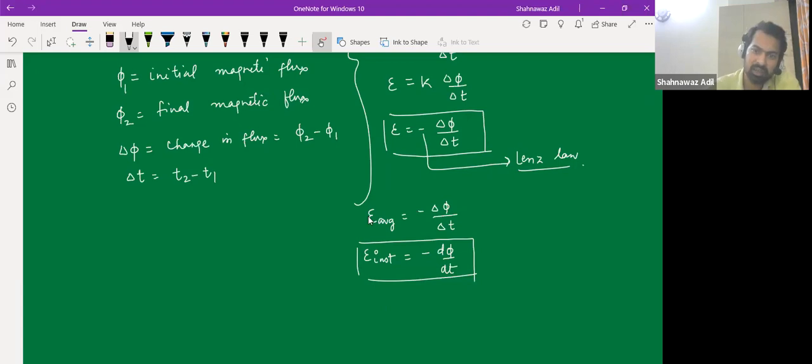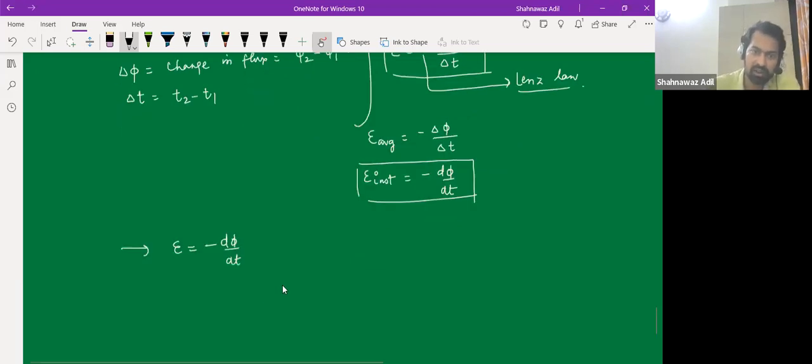And this is our EMF, so E is minus d phi by dt. We know that current is V by R, so this would be minus 1 by R d phi by dt. This is the induced current, with small r.